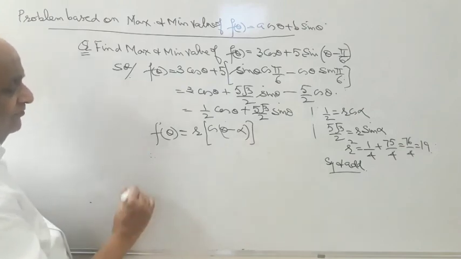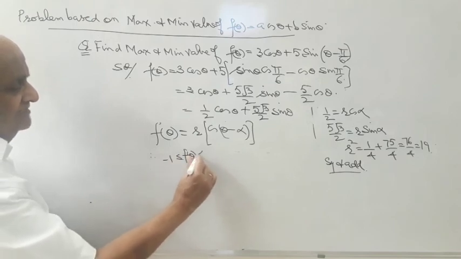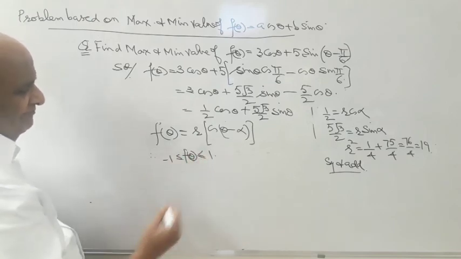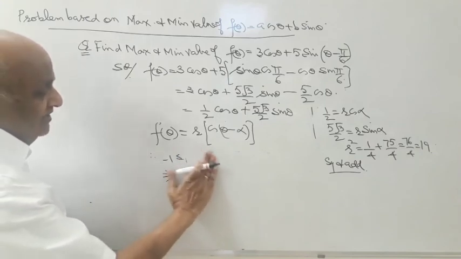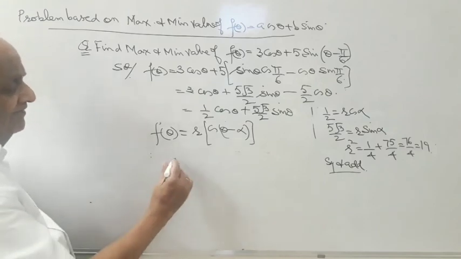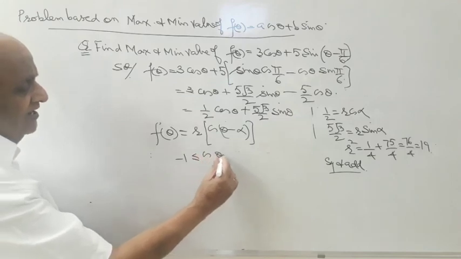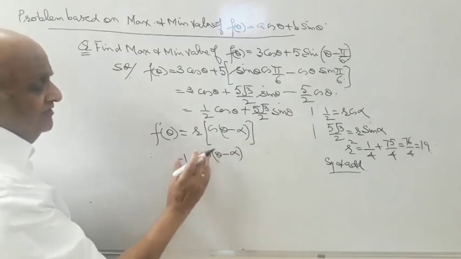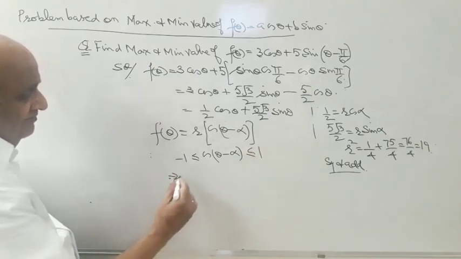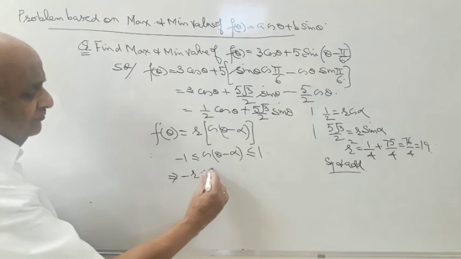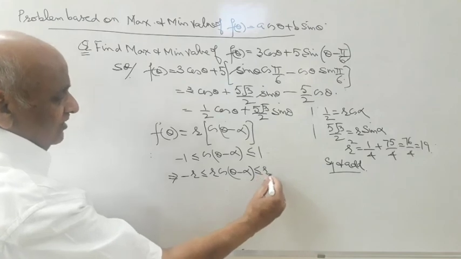Now we have minus 1 less than or equal to cos theta minus alpha less than or equal to 1, which implies minus r less than or equal to r cos theta minus alpha less than or equal to r.